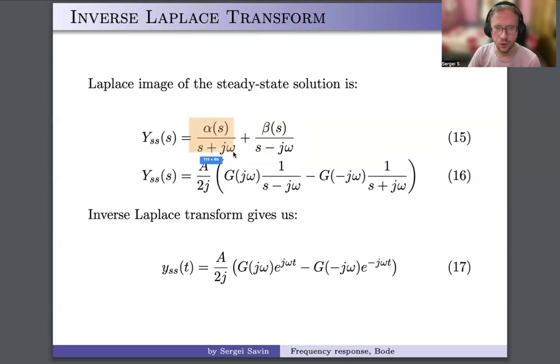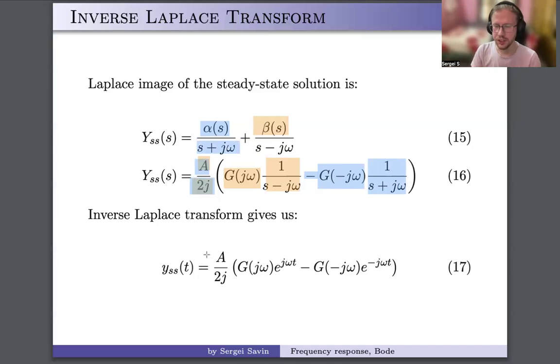Now we can find the inverse Laplace transform. Since we know that beta of S gives us a Laplace transform equal to A divided by 2j times G of j omega times this guy, and since we know that alpha of S gives us G of minus j omega, minus sign, still A divided by 2j, and then there is this guy from here.